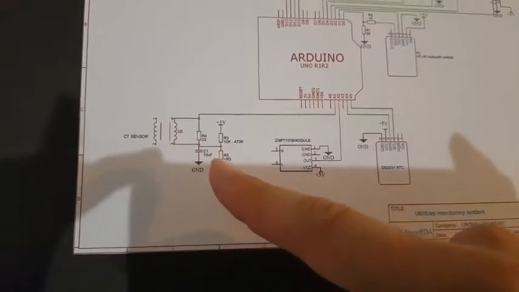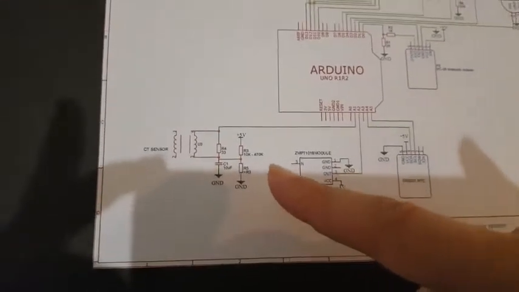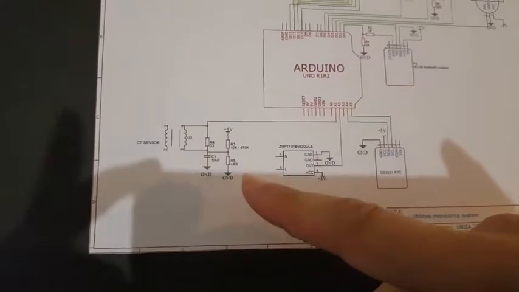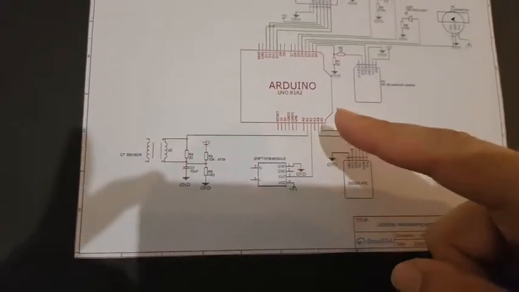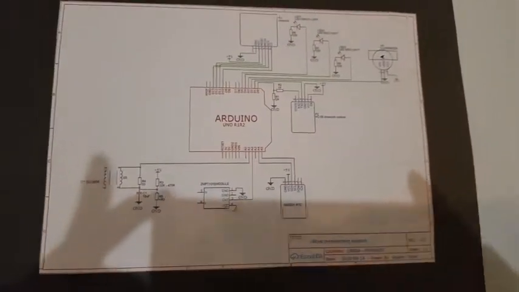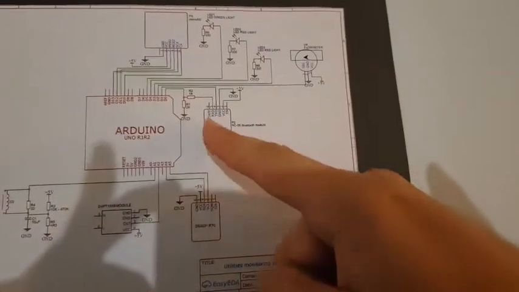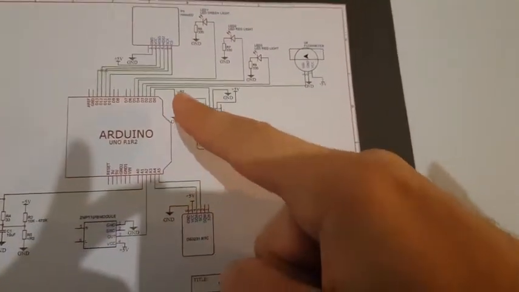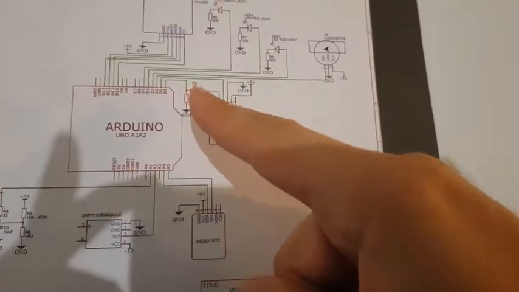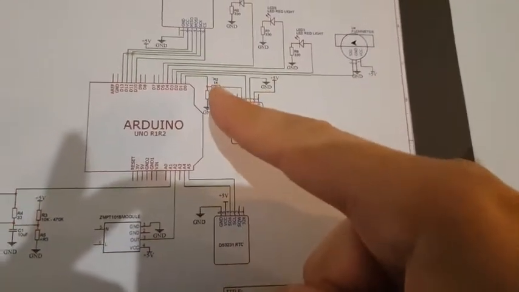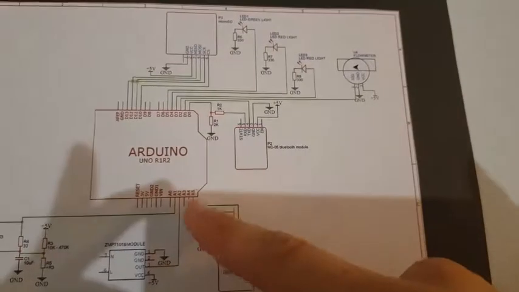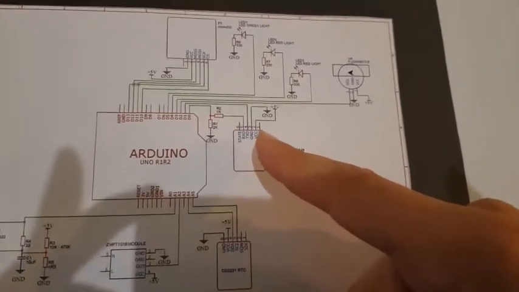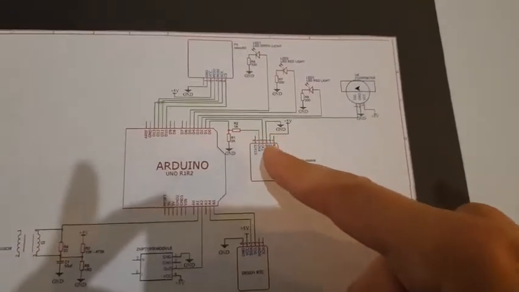This needs to be converted to a voltage and also DC biased, so it is within the 0 to 5 volts that the Arduino unit can use. The additional resistors for the Bluetooth are to divide the voltage, because the output from the Arduino is in the 5 volt range, whereas the Bluetooth module can only accept 3.3 volts.